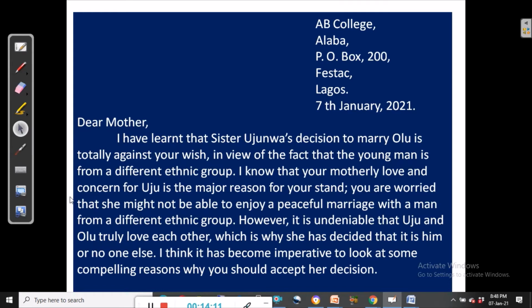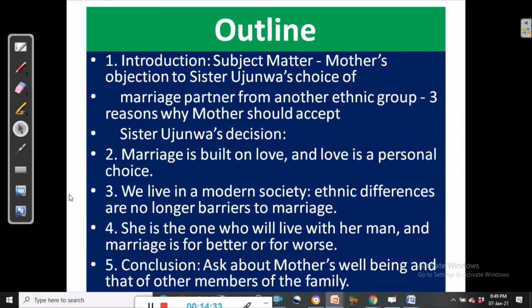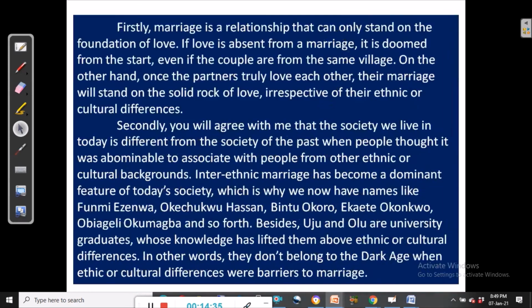If you begin to do something else or tell a cock and bull story which deviates from the examiner's demand, you begin to lose his favor, right? So it is important you address the content right away. Then let's look at the second paragraph.